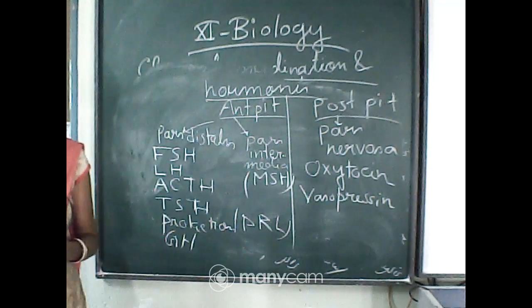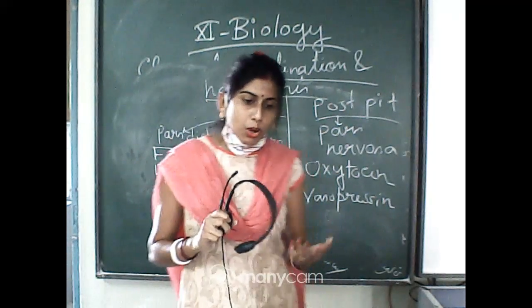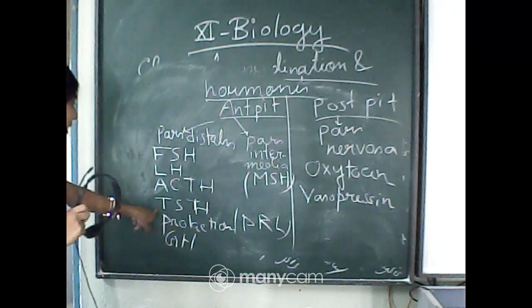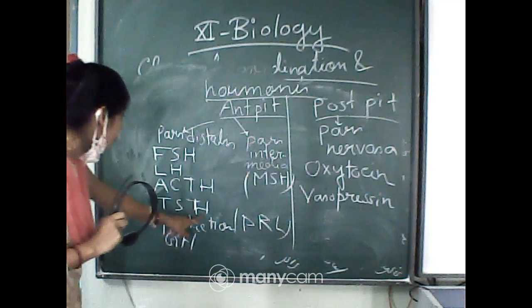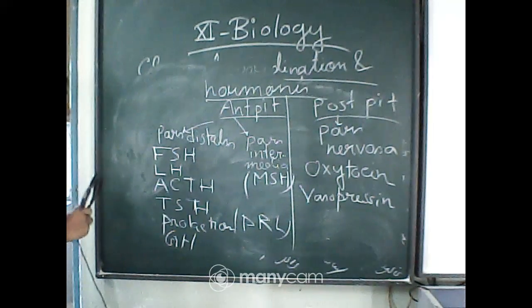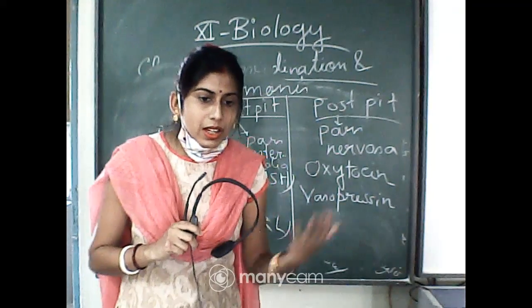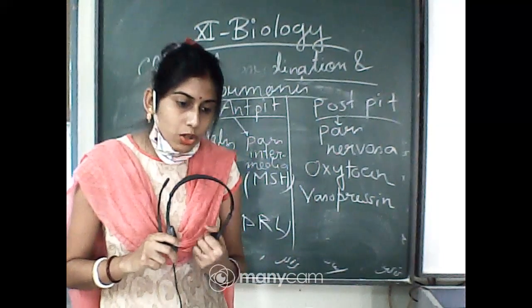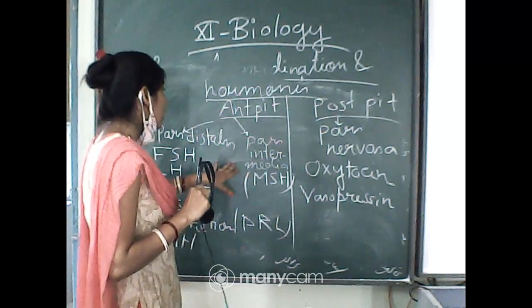ACTH, adrenocorticotropic hormone, will act on the adrenal cortex. Next one is TSH. It will act on the thyroid, as the name suggests, thyroid stimulating hormone. And the growth hormone, that is GH, helps in general growth, growth of the body, bones, muscles, like that.